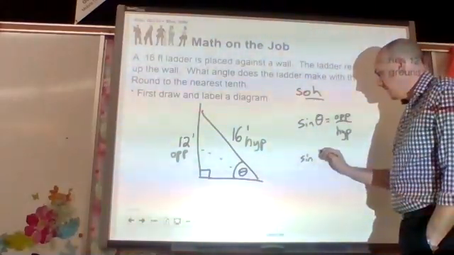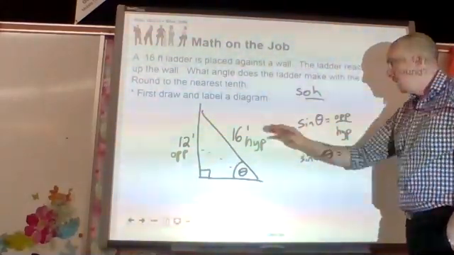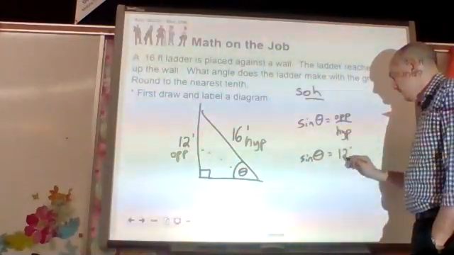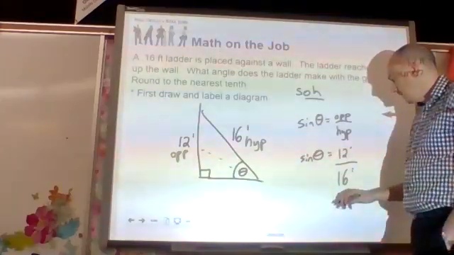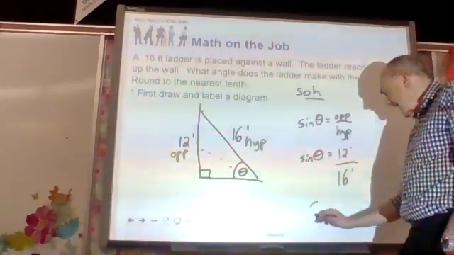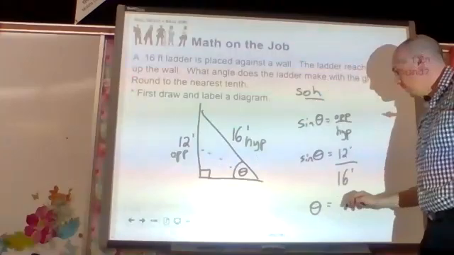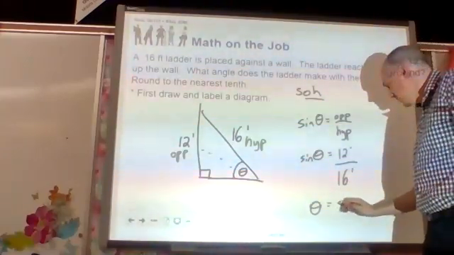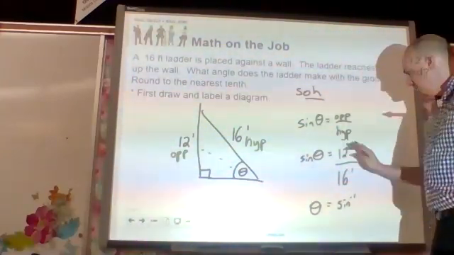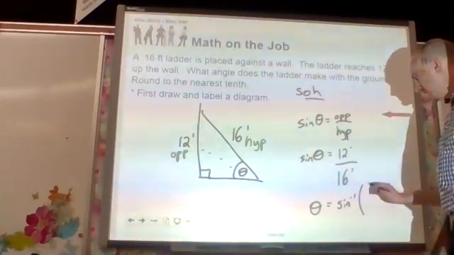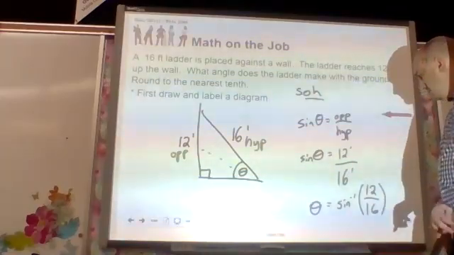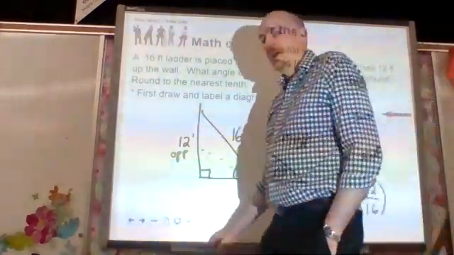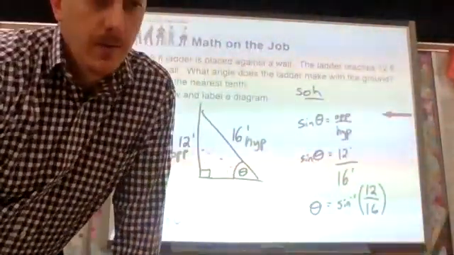Sine of my angle is unknown. Opposite is 12. Hypotenuse is 16. So my angle, remember when I'm trying to find the angle, I use the inverse trig function. Don't do anything else with these. I just put them in the brackets. 12 over 16. And so I can solve this.